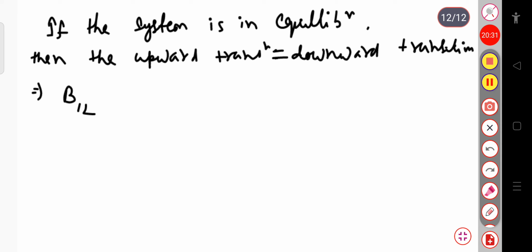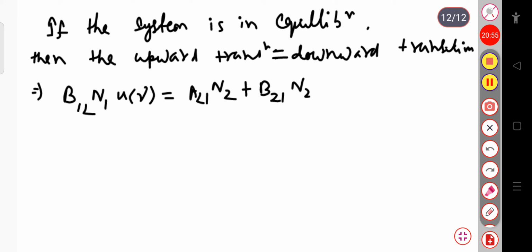So B12 N1 U nu will be equal to, for the downward transition, you have to consider both the stimulated emission and the spontaneous emission. So this will be A21 N2 for the spontaneous one, plus B21 N2 U of nu.